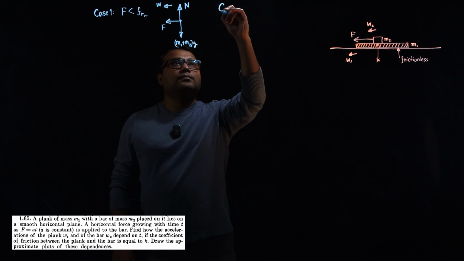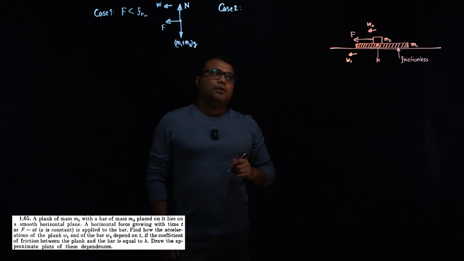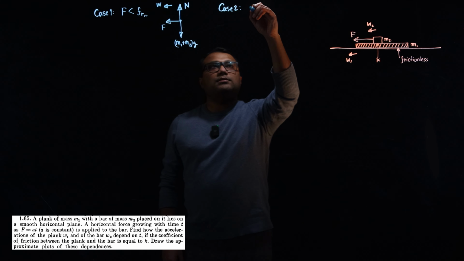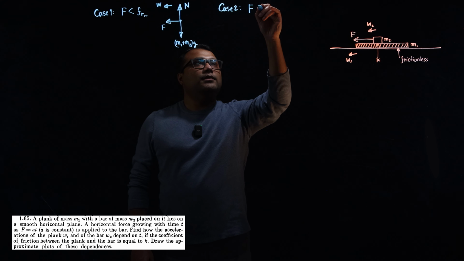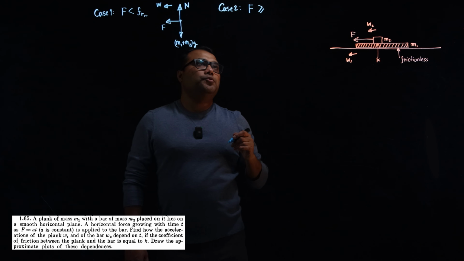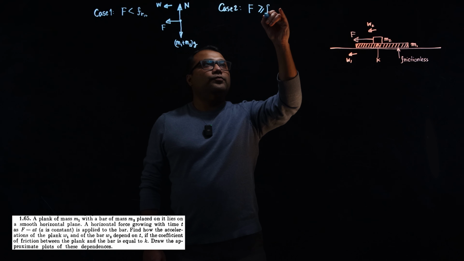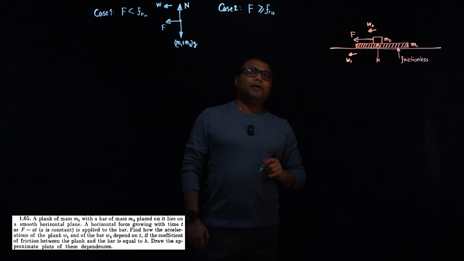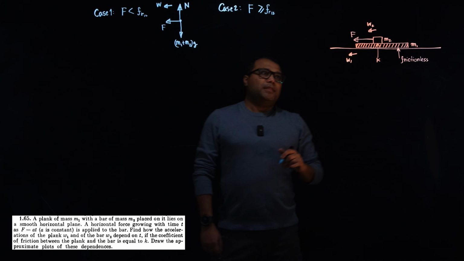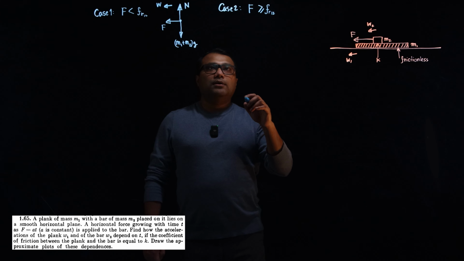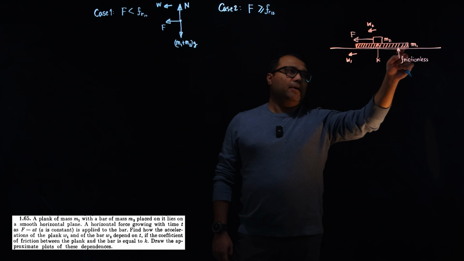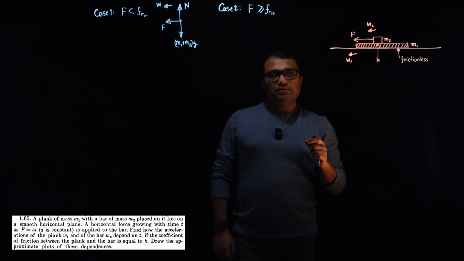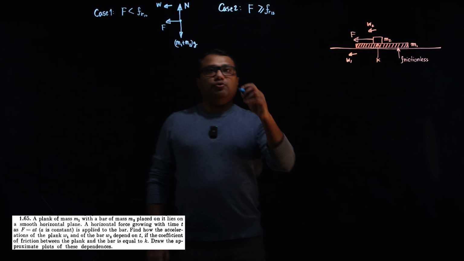Case 2 is when this force is greater than or just equal to the friction force between 1 and 2. Okay. So, in that case what will happen is we will consider m1 and m2 as different systems and then analyze their motion.